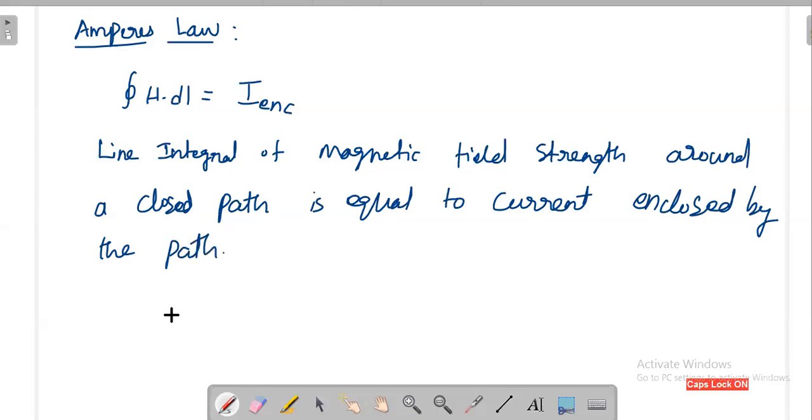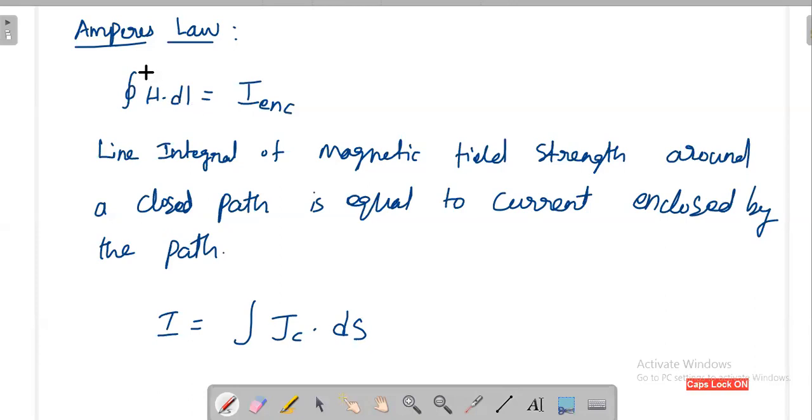Another definition for the current is integral of current density into ds: current is equal to integral of Jc, the conduction current density, into ds, the cross sectional surface. So this is Ampere's law.